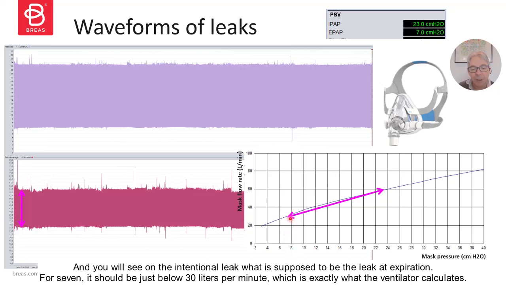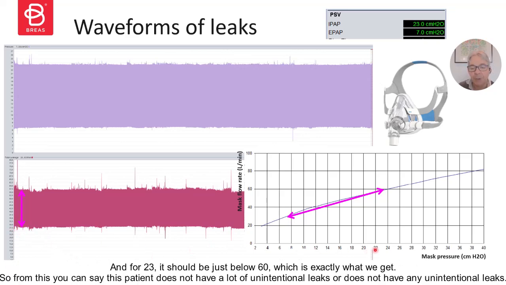For 7, it should be just below 30 liters per minute, which is exactly what the ventilator calculates. And for 23, it should be just below 60, which is exactly what we get. So from this, you can say this patient does not have a lot of unintentional leaks, or does not have any unintentional leaks.